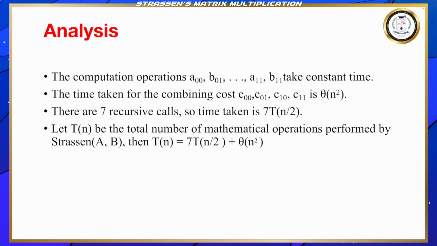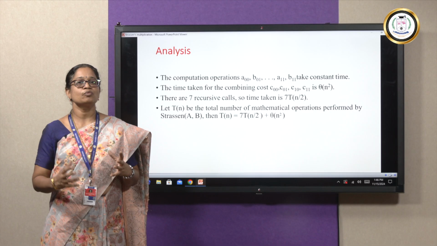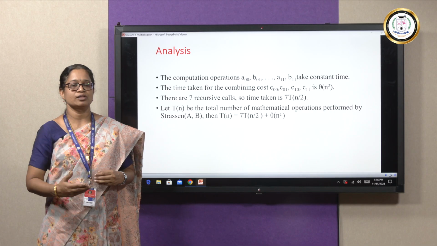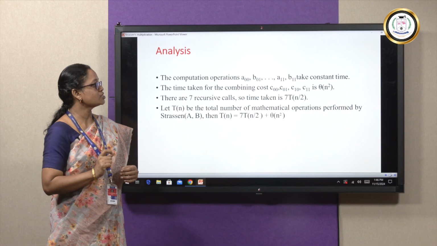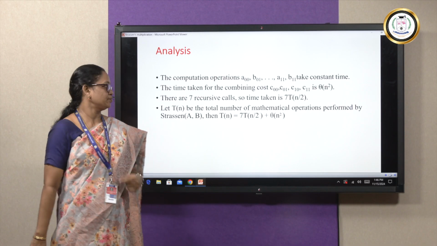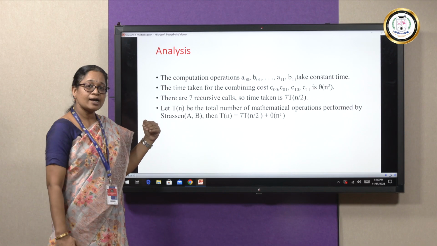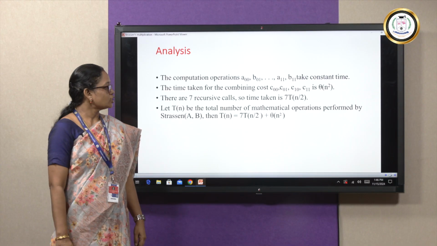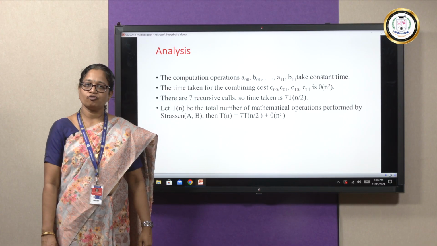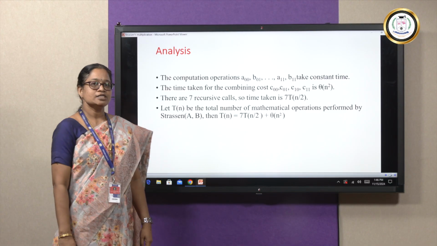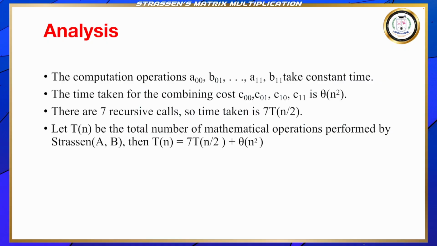After doing the matrix multiplication operations, we combine them to get the final result. That combining cost takes n square time. When we add up these costs, the total number of operations is T of n equals 7 into T of n/2 plus theta of n square.